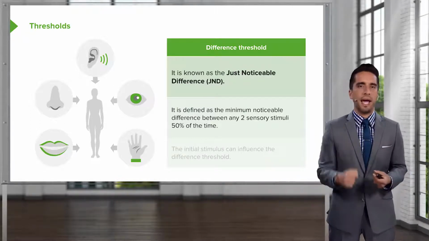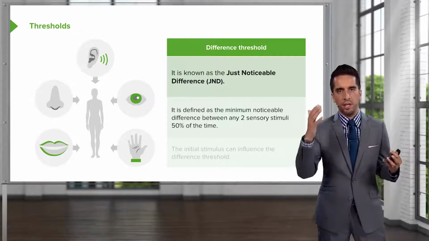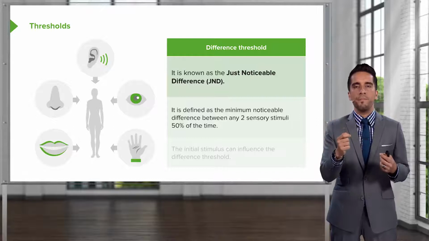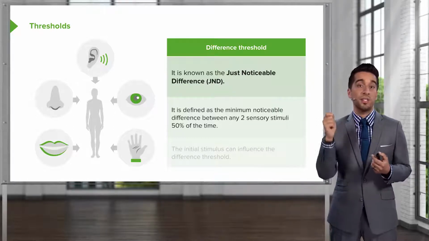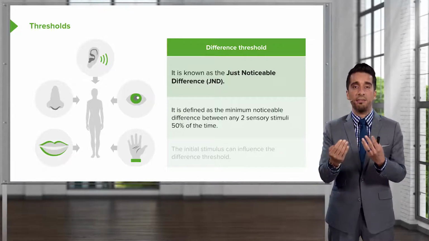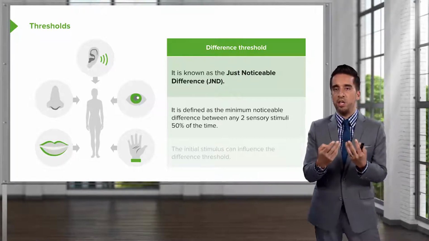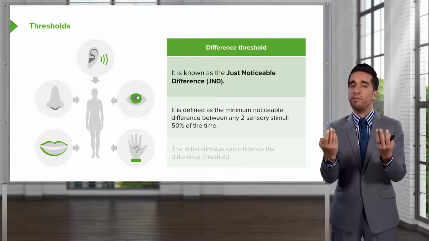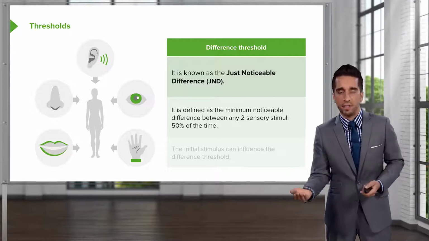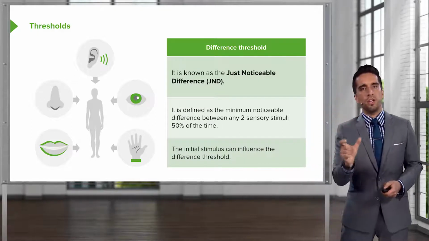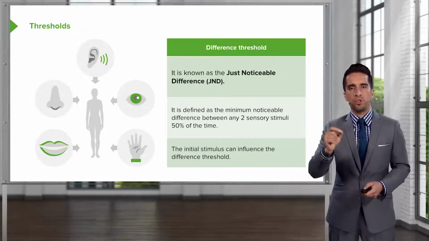Let's go back to our candle example in the darkness in the desert. At 3 miles, I have a candle. If I was to add a second candle, would you be able to detect the fact that I've now made it brighter because there are 2 candles? You would have to notice that additional candle at least half the time. That value would be your just noticeable difference.